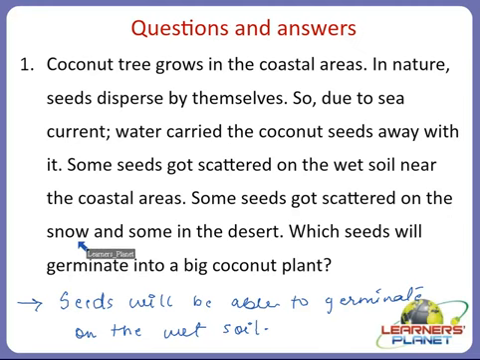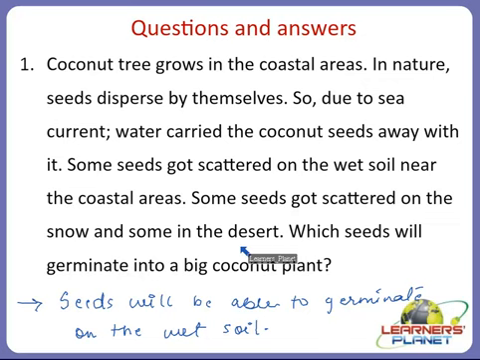If the seeds are scattered on the snow, that will not be a favorable condition, because it is a very cold region, and coconut does not grow in the cold region, and also it does not grow in the hot region, that is the desert. So these are not favorable conditions for the coconut seeds to germinate. They will not get water in the desert area, so they will not be able to germinate.